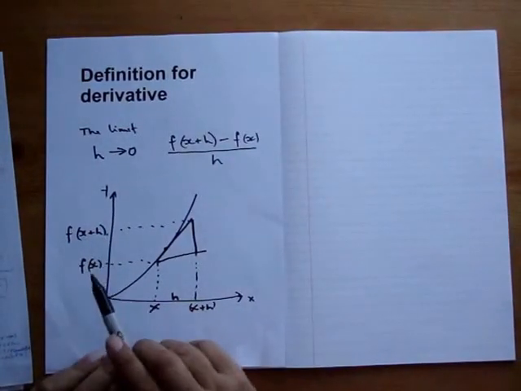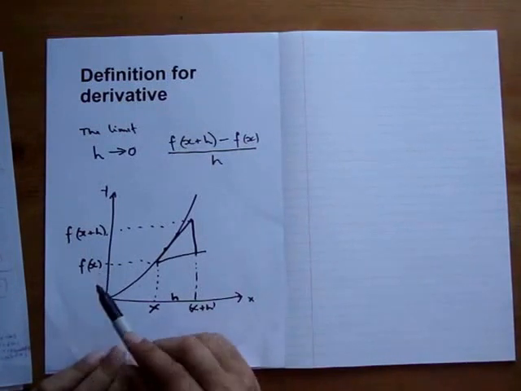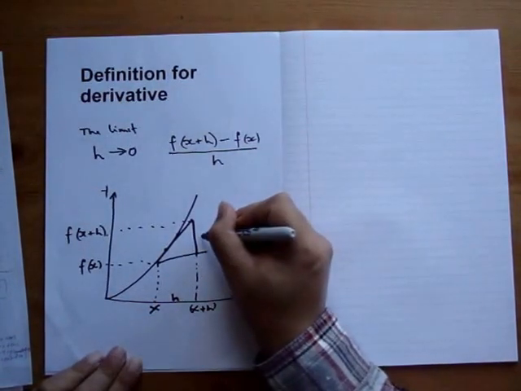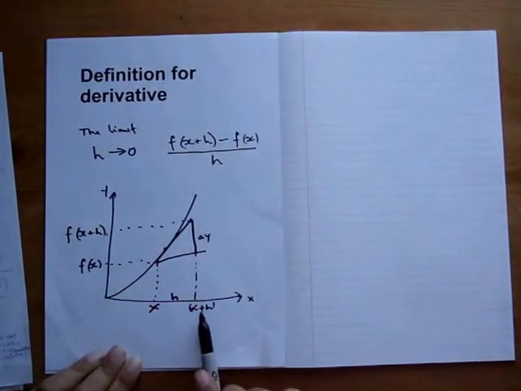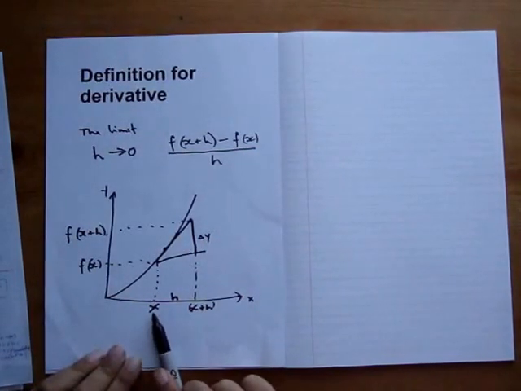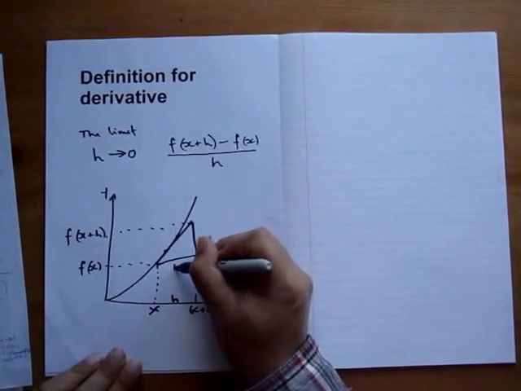So this value gives us delta y. This value minus this value gives us h.